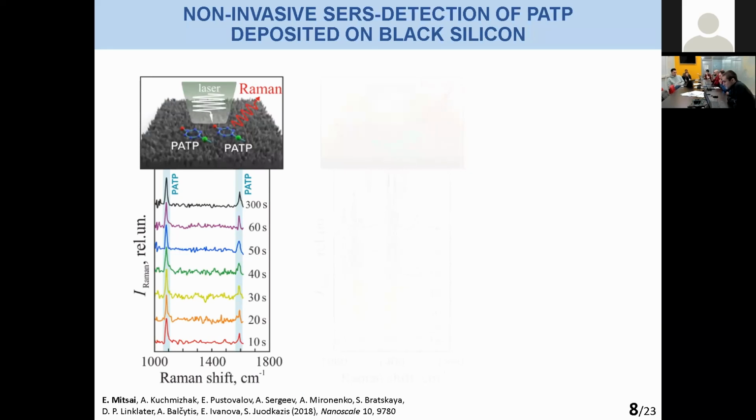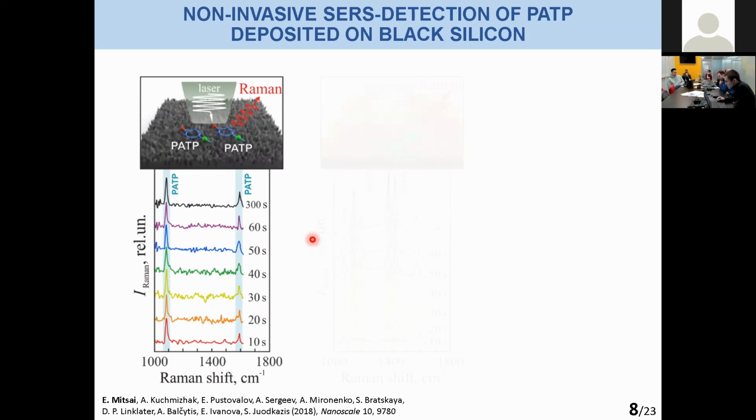So Raman measurements were carried out on a black silicon surface after deposition of PATP molecules in different time intervals. And as you can see, regardless of the irradiation time, only PATP lines appear in the Raman spectra.